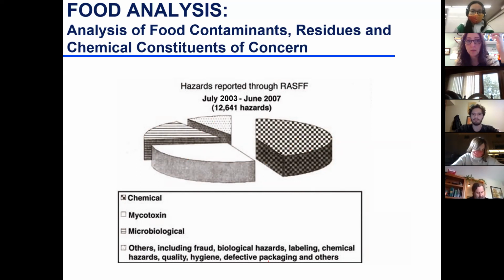Under chemicals, we talked about heavy metal being considered chemical, pesticide being considered chemical, antibiotics, and other hazards like biological hazards and fraud, like melamine, for example. Labeling is another issue. Bisphenol A, for example, I don't know if you guys heard about it.